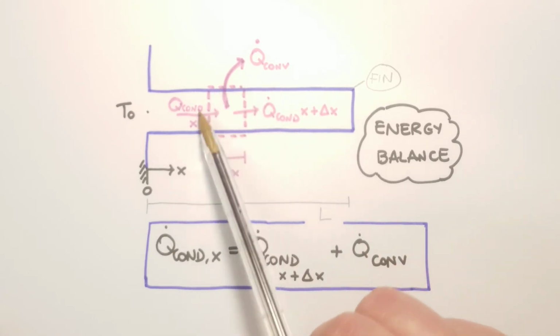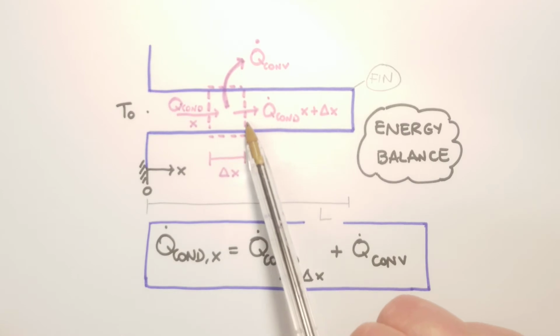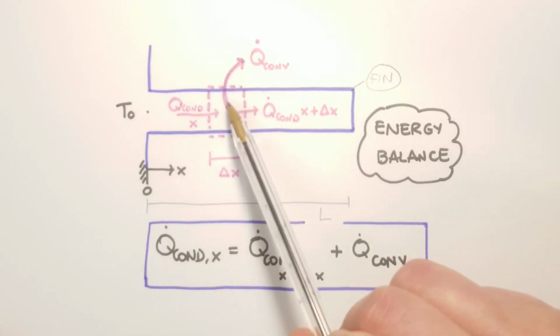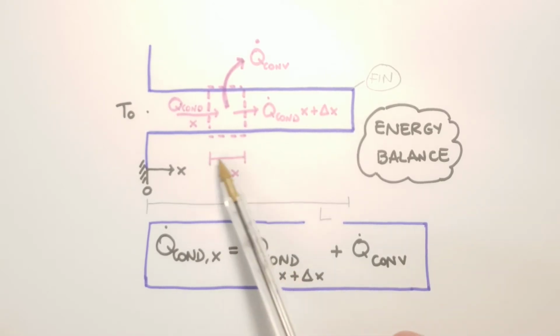So what's the energy balance here? We have some Q conduction that enters the control volume and some Q conduction that exits the control volume. But we also have a loss of heat due to convection. So the Q conduction at position x must be equal to the heat conduction at x plus delta x, where delta x is the length of the control volume, plus the Q convection.